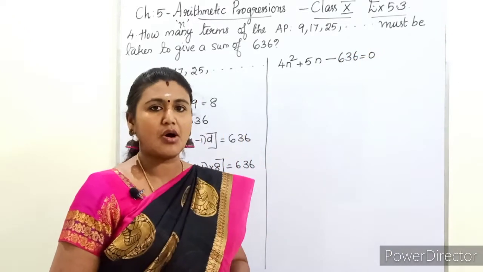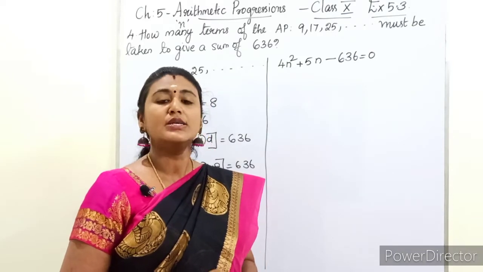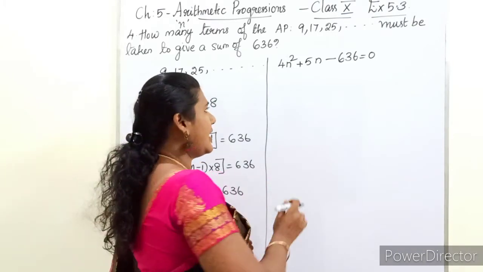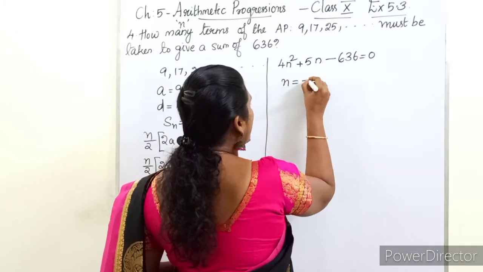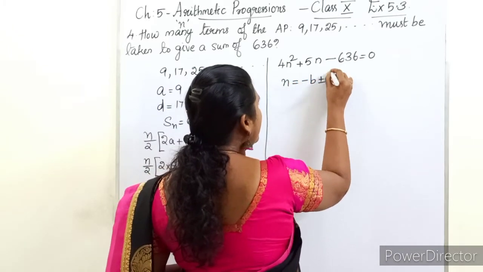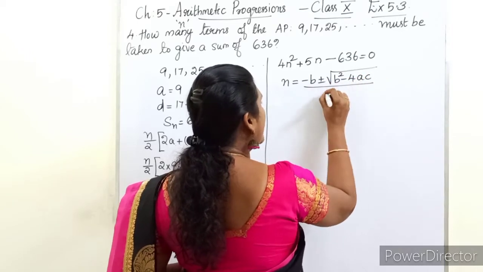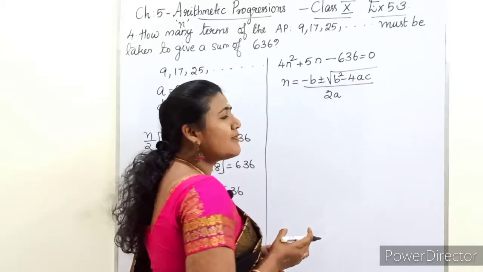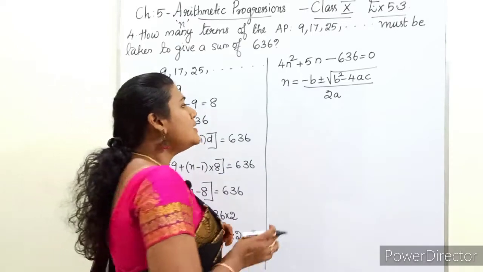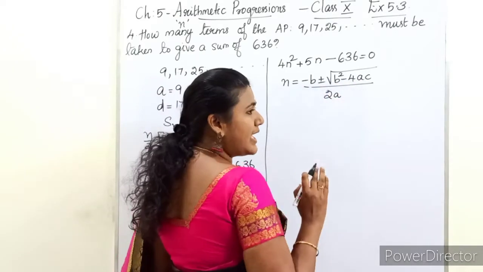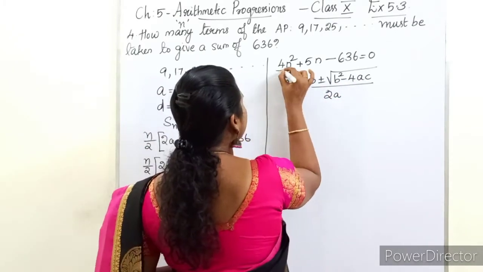This we have to solve using the quadratic formula so that we can find the value of n. So n is equal to minus b plus or minus root of b square minus 4ac, divided by 2a. So this is the quadratic formula. Here we are going to substitute the a, b and c values.